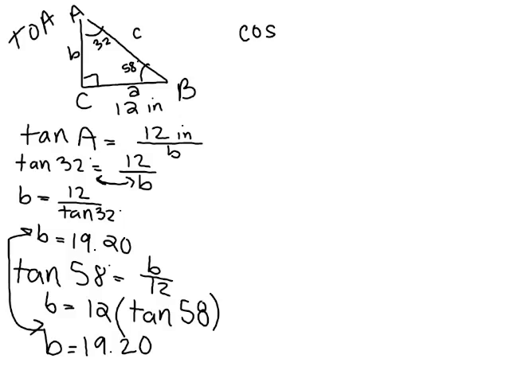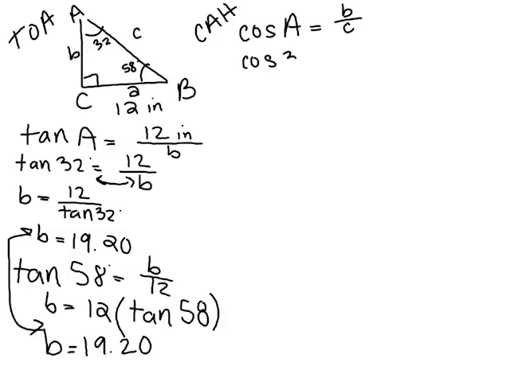Cosine for angle A. So cosine equals what? Adjacent over hypotenuse. So adjacent to the angle A, the little b side. Just plug in what we know.